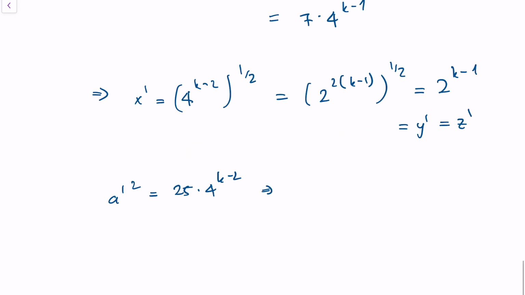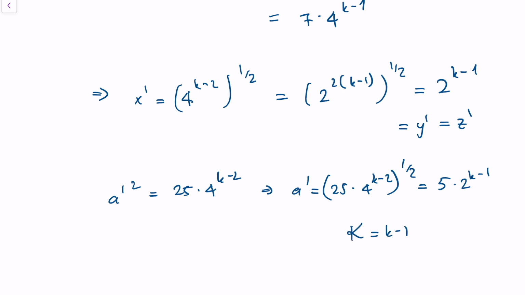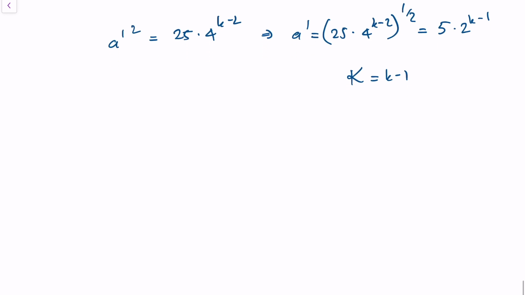That implies a dashed is equal to the square root of 25 times 4 to the k minus 2, and that will give us 5 times 2 to the k minus 1. Again, let's define capital K to be k minus 1. Then the solution set will be 2 to the K, 2 to the K, 2 to the K, and 5 times 2 to the K, right?